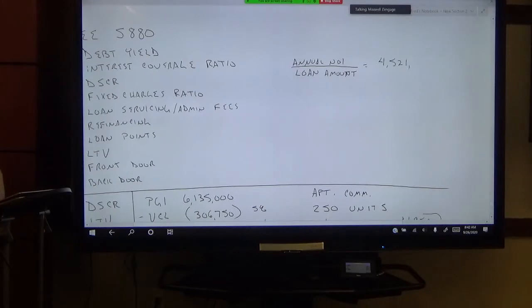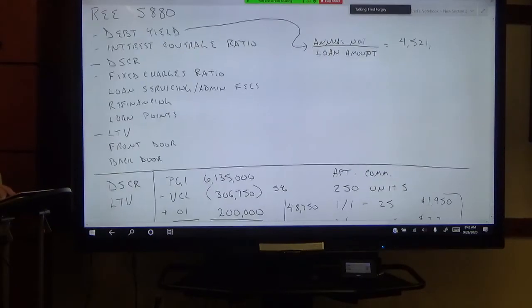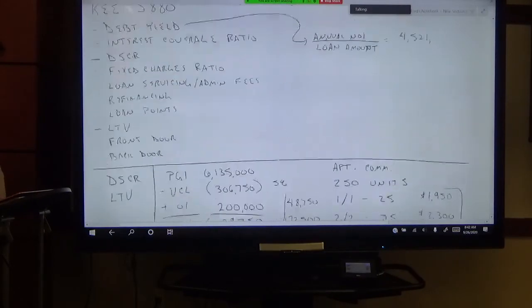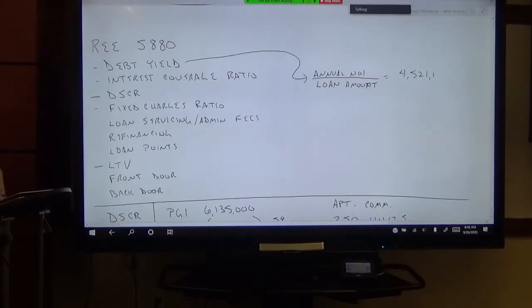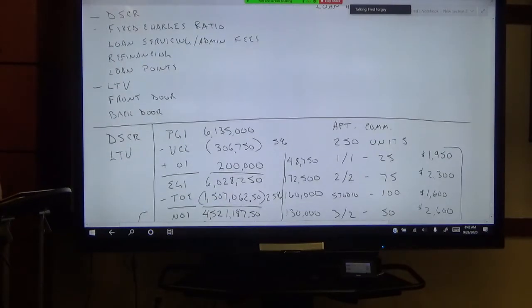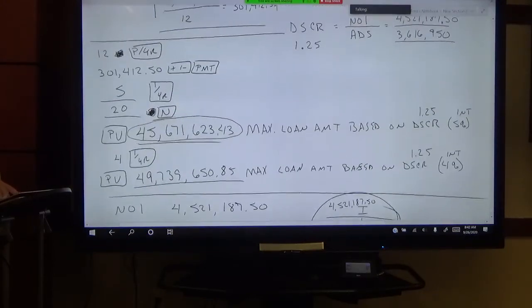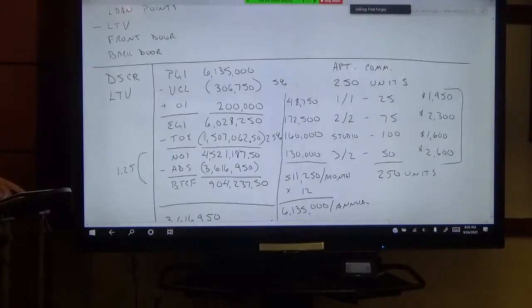This is for the interest coverage ratio. Debt yield. And then if we went with 45,671, we'll go with that one.